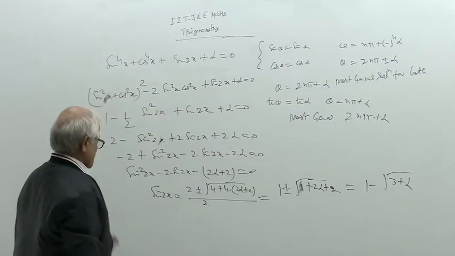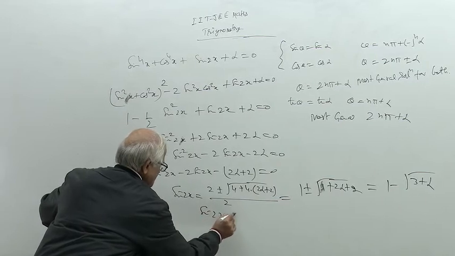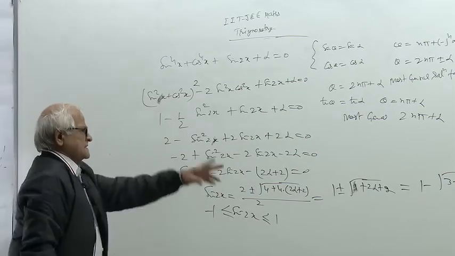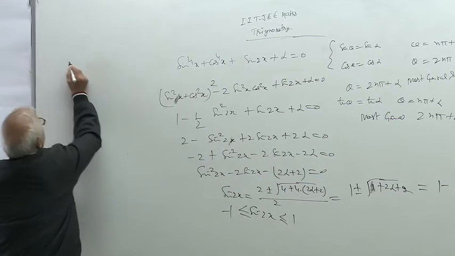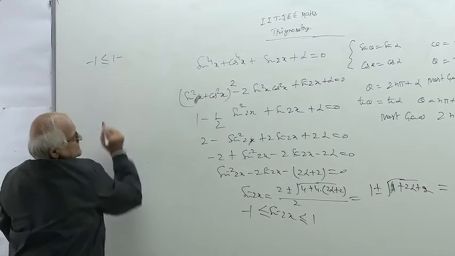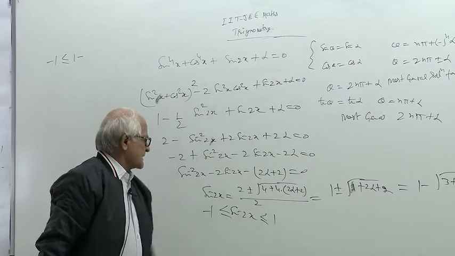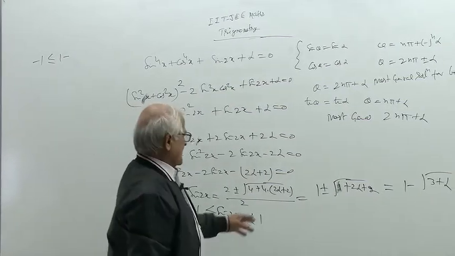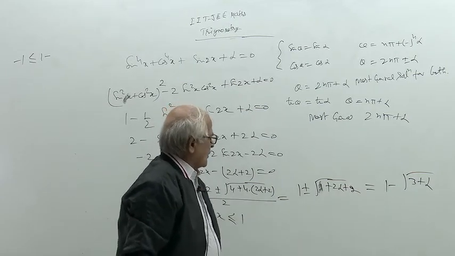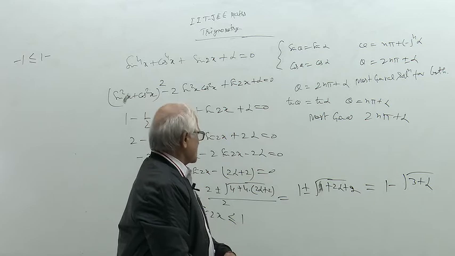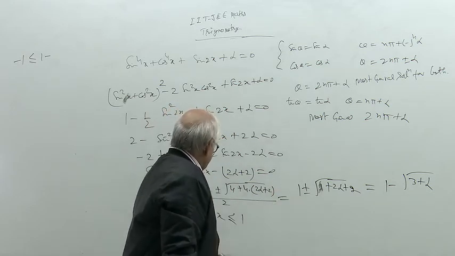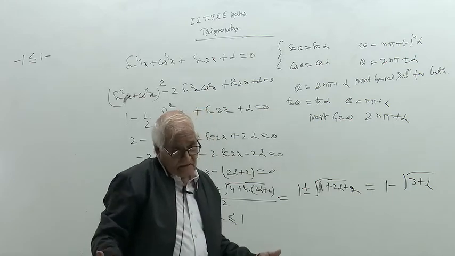Now we know sin 2x lies between 1 and minus 1. We know. Then this value is minus 1 less than or equal to 1 minus, take the minus sign. If you take the plus sign, this becomes greater than 1, and sin 2x is not greater than 1.